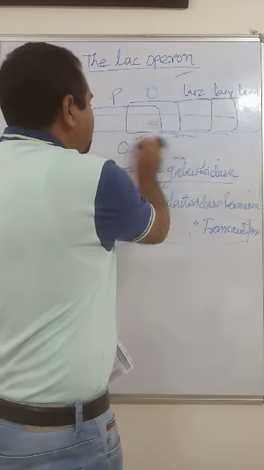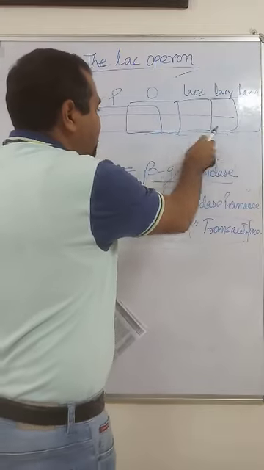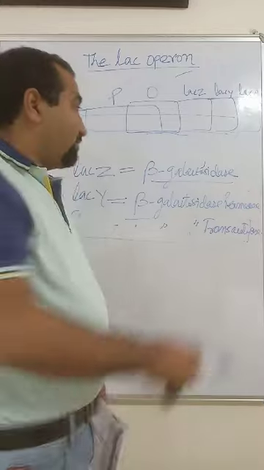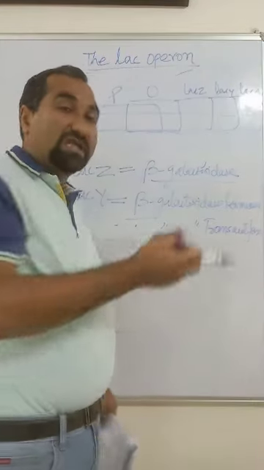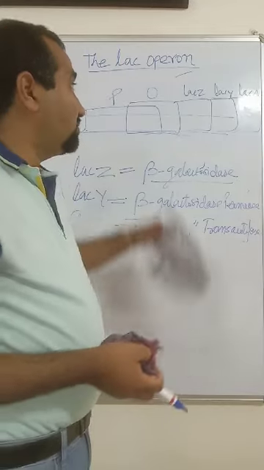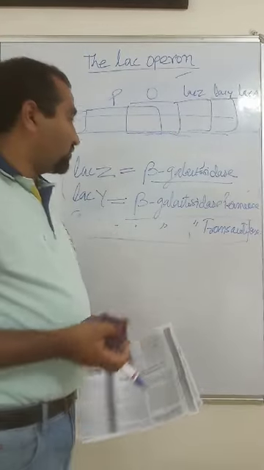This beta galactosidase not only converts lactose into galactose and glucose, but it can convert this lactose into allolactose, that is an effector molecule for this lac operon.